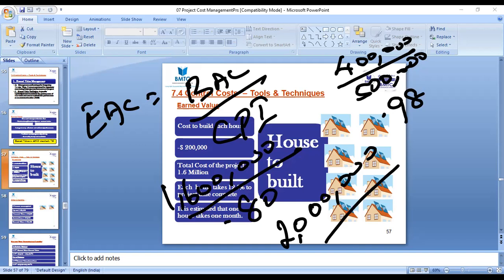The previous case gave the total we'd spend if we carry forward with the planned performance, not the current performance. Here, the management is asking you to predict by going forward with the current performance for the future work. So you're going to end up with 2 million, right or not? Yes. Okay.